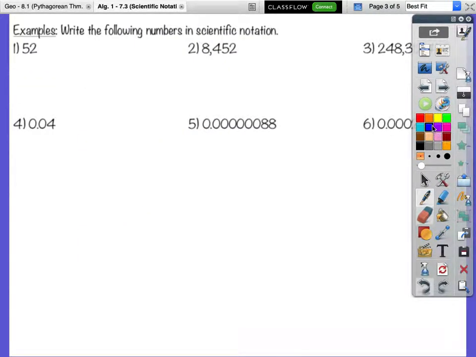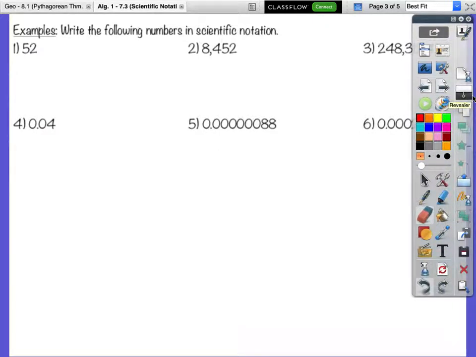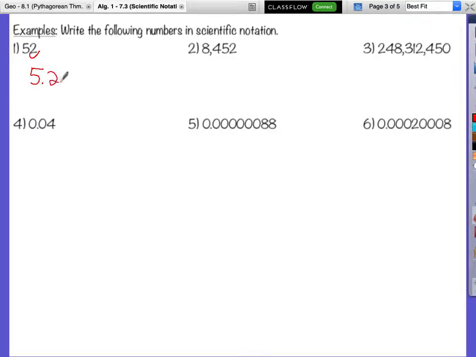Alright. So now we're going to work on putting numbers into scientific notation. I'll have you go up and do the first one if you want. Okay, so you're going to explain it?